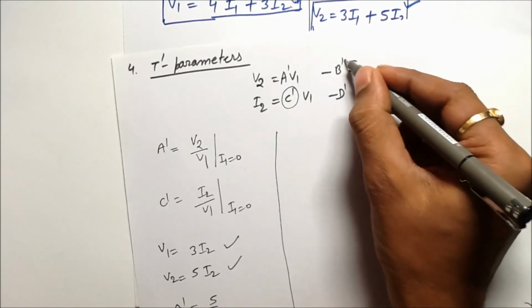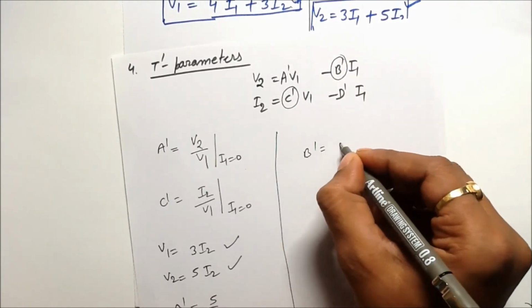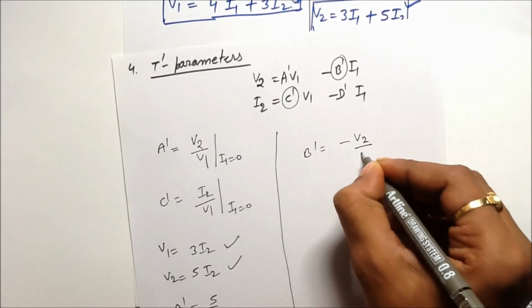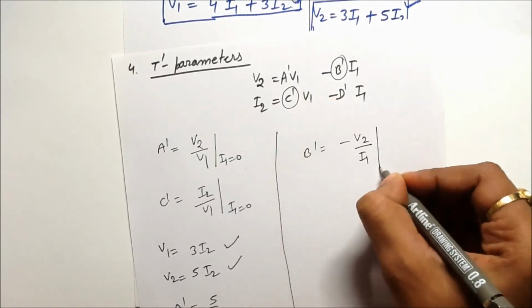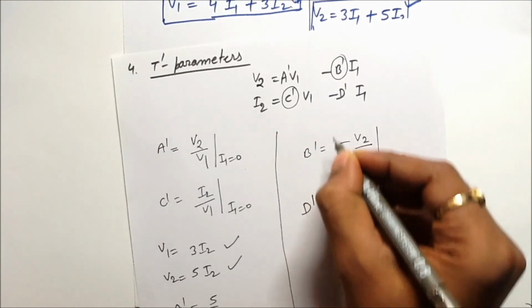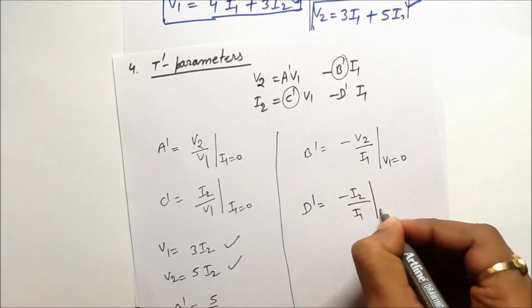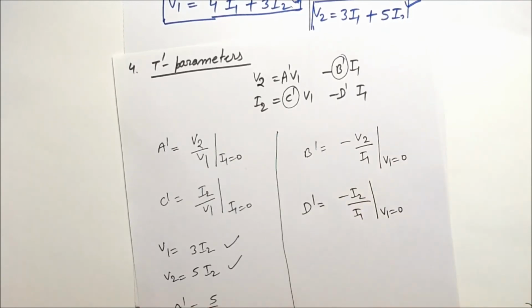Now B dash is defined in this way: B dash equals minus V2 upon I1 when V1 equals 0, and D dash will be defined as minus I2 upon I1 when V1 equals 0.